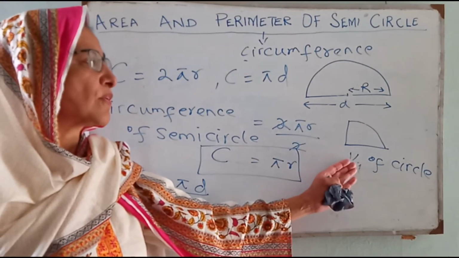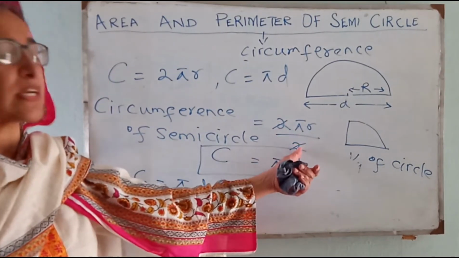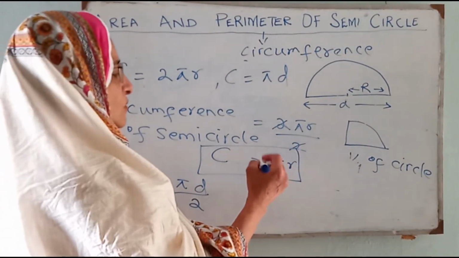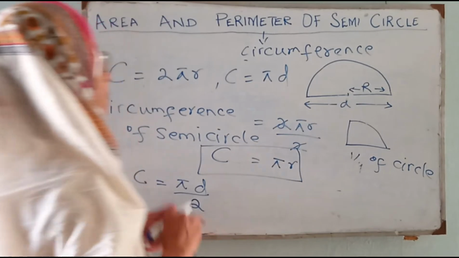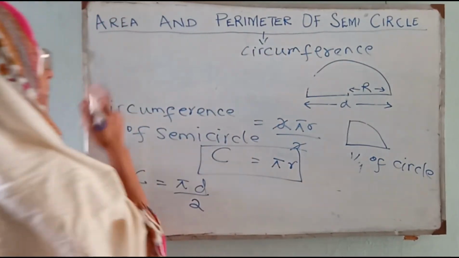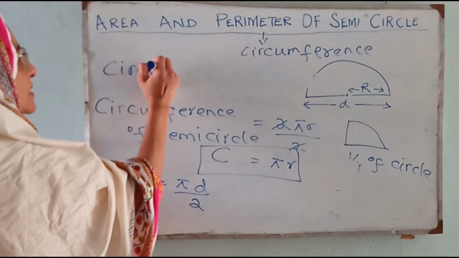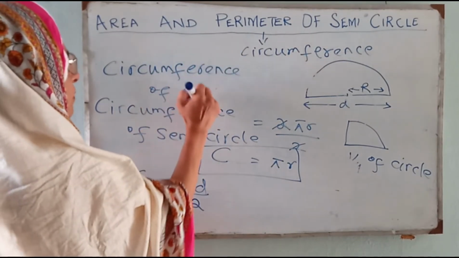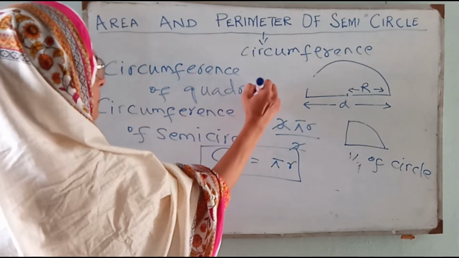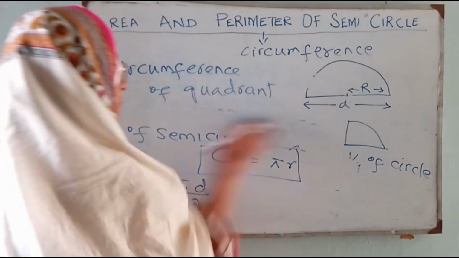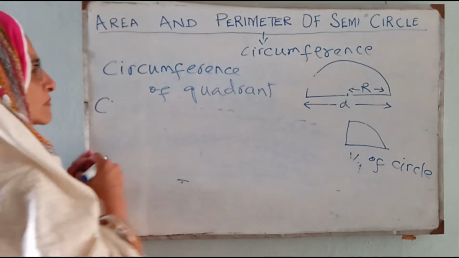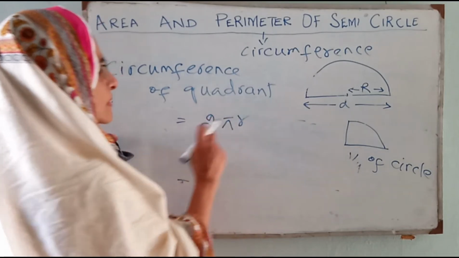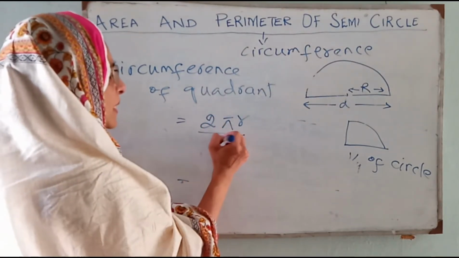And if it is a quadrant, instead of dividing by 2, you are going to divide it by 4. So the circumference of a quadrant is equal to 2 pi r, the circumference of a circle, divided by 4.